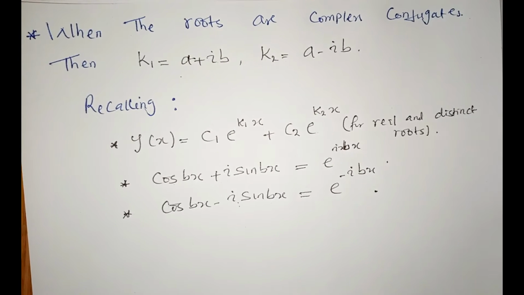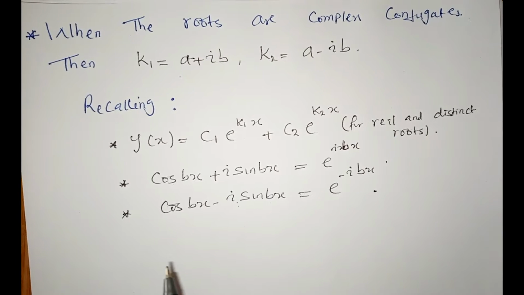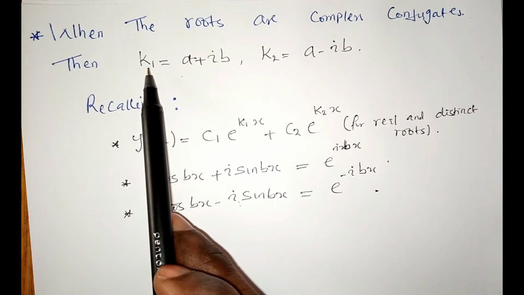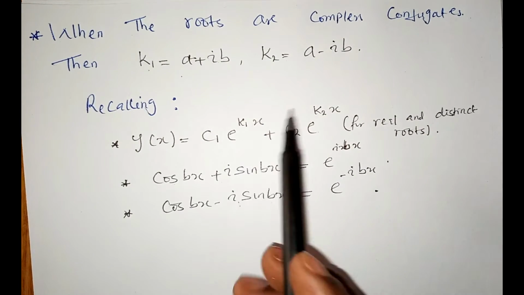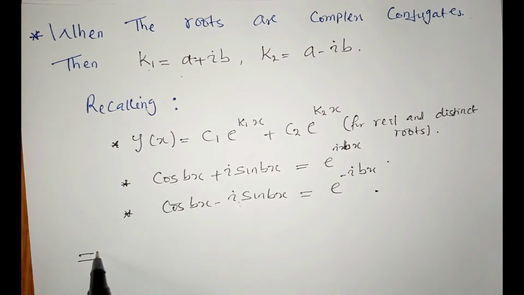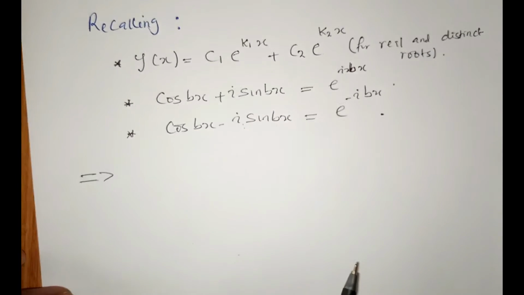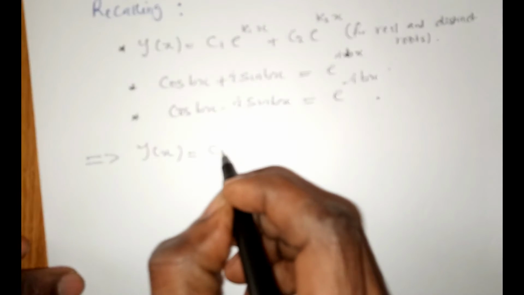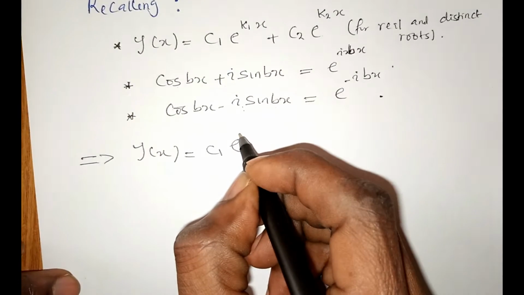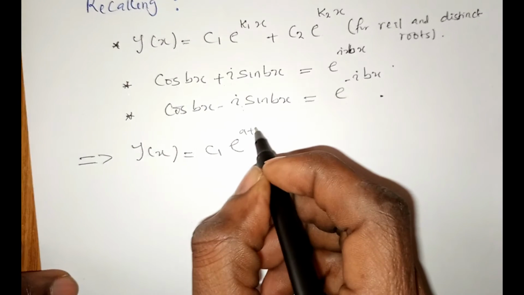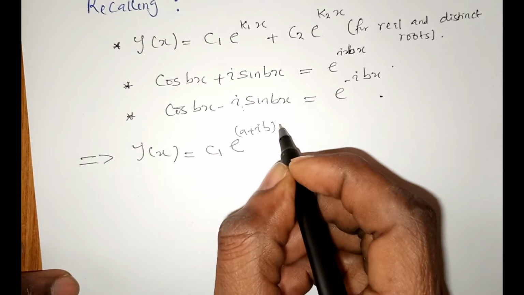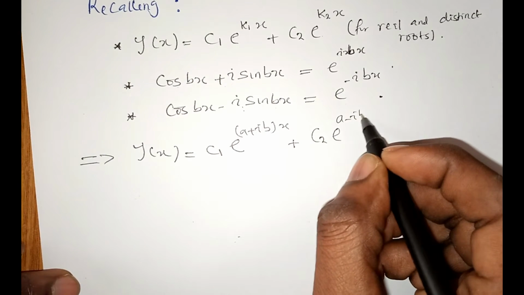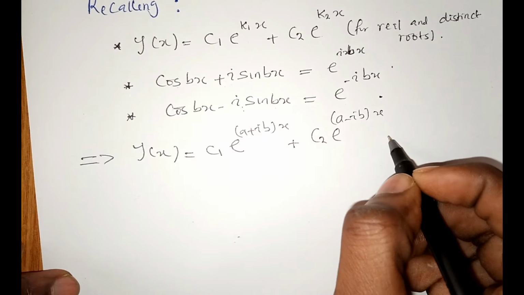Okay, so in order to get the solution in terms of the complex conjugates, then we have to substitute the value of k1 and k2 in this form. So that implies that y of x is equal to c1 exponential (a plus ib) multiplied by x plus c2 exponential (a minus ib) multiplied by x.